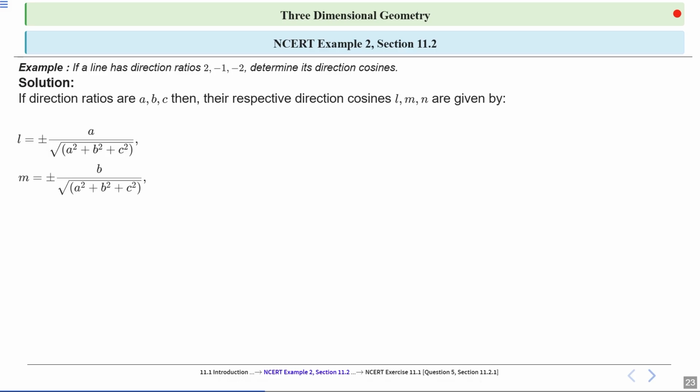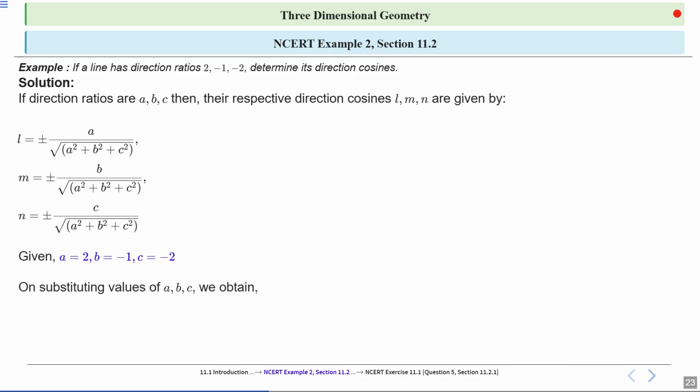M equals plus minus B divided by square root of A square plus B square plus C square. N equals plus minus C divided by square root of A square plus B square plus C square. Given here, A equals 2, B equals -1 and C equals -2. Now we will substitute these values into the formulas for L, M and N.